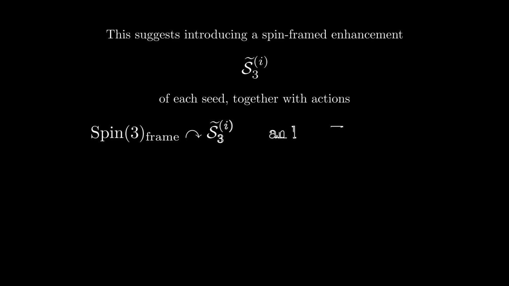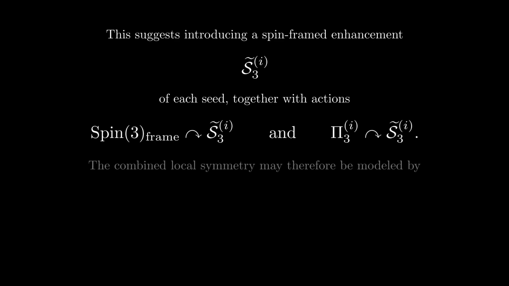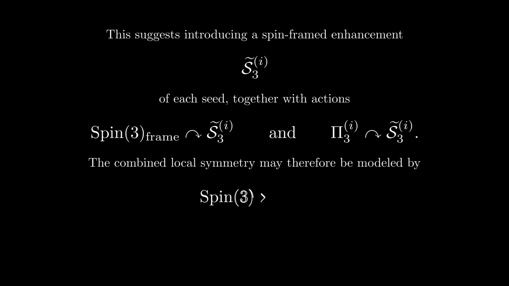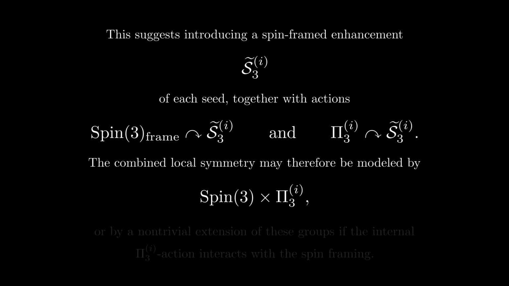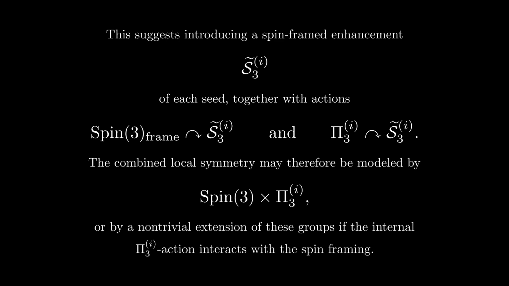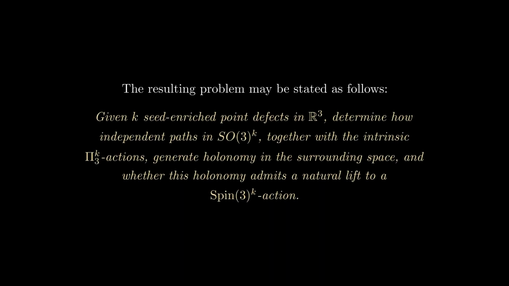So we have these two actions: the spin-3 frame acting on the cover of the seed, the 3 seed, and the pi group action on the 3 seed cover of the 3 seed.